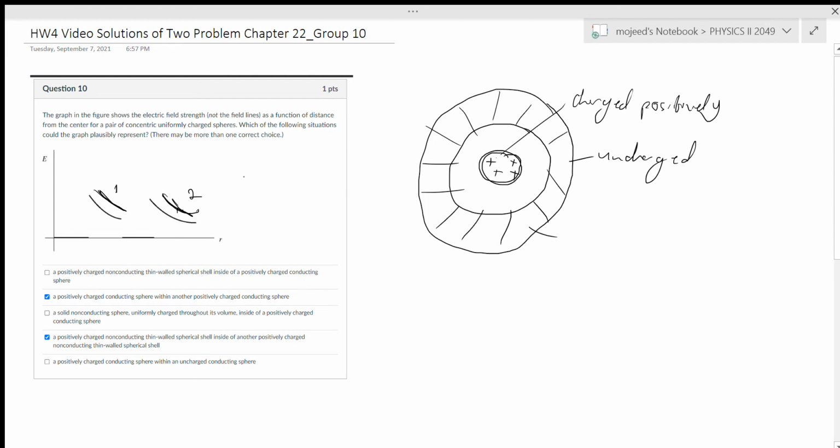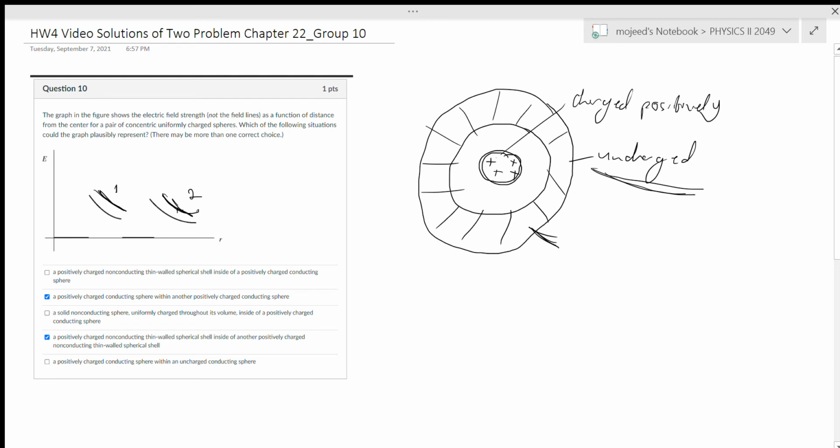And when the amplitude of the first graph is more than the amplitude of the second graph, it shows that the outer sphere does not have a positive charge. Over here, you can see that the outer sphere, which is here, doesn't have any charge. Therefore, it is uncharged.